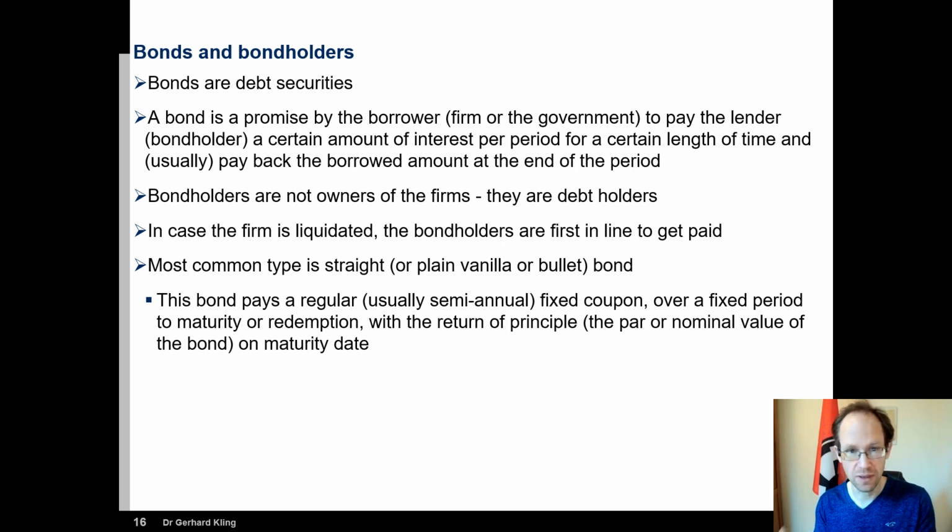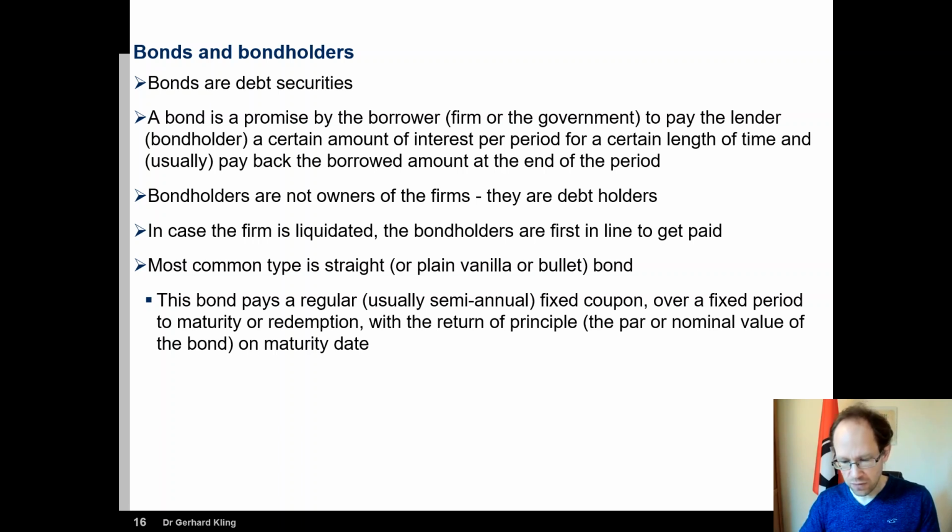So if the company cannot pay the interest or the principal, the company defaults. The only benefit you have as a bondholder compared to an equity holder is that you are first in line. Now, there are of course differences depending on the type of bond. So there might be a difference in terms of so-called seniority of bondholders.